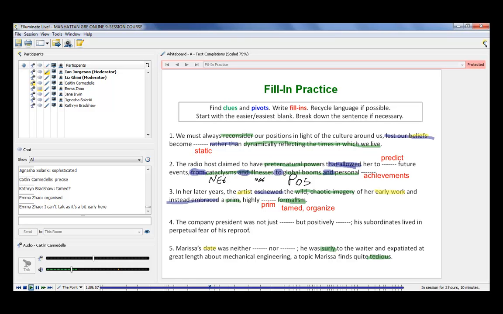And because of that, I thought the pivot was the colon, sorry, the semicolon. The words I used were polite and interesting.